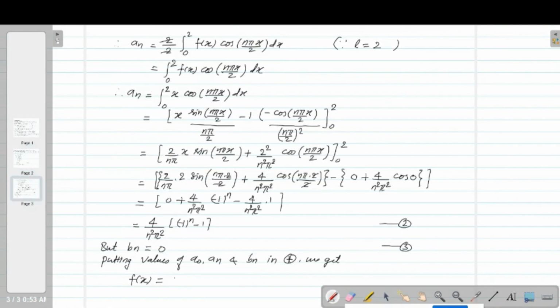So 1 plus sum running from n equal to 1 to infinity.